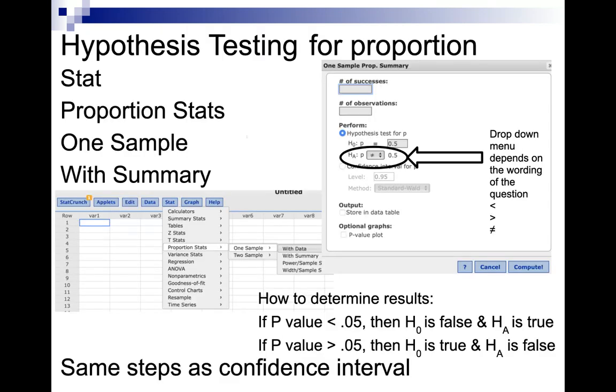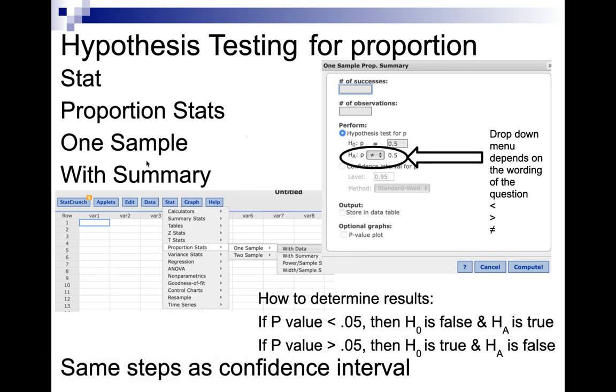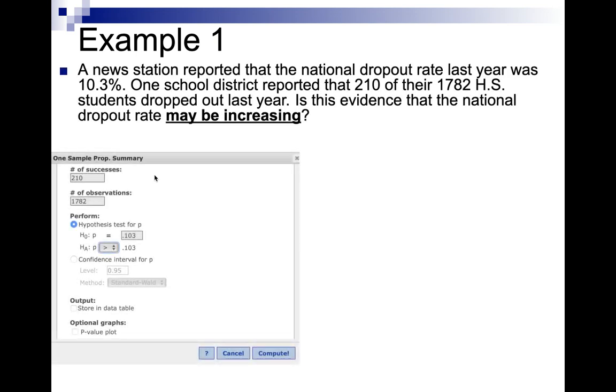So once again, I went to StatCrunch and I did Stat, Proportion Stats, One Sample, and With Summary. And notice I put in my sample size was the 1,782 students, and then 210 of those dropped out. And notice I went to hypothesis test, and I typed in here the percentage.